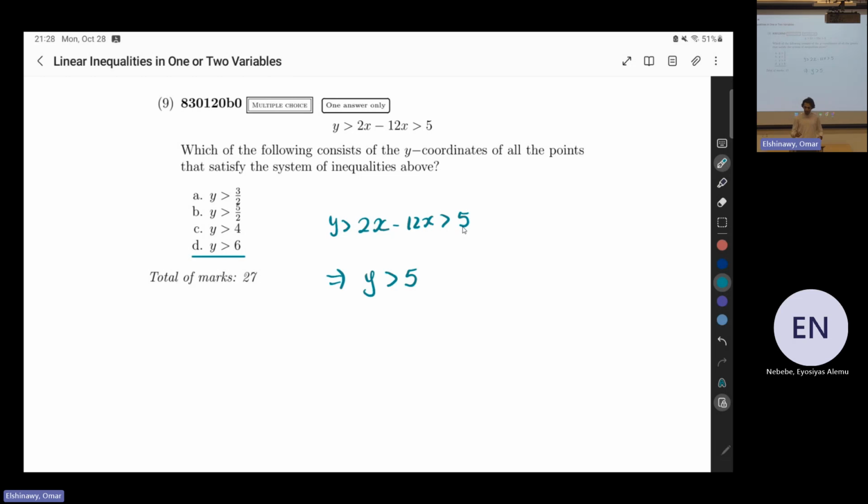Now you would like one of these 4 choices which satisfies this property, a group of y's which are guaranteed to be greater than 5. If you choose y greater than 4, does this mean that y will be greater than 5? If you choose a number that's greater than 4, it doesn't have to be greater than 5.